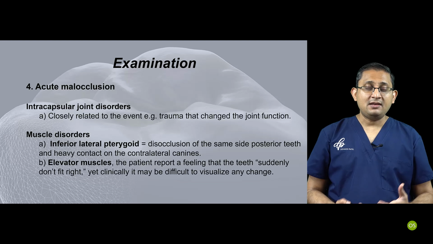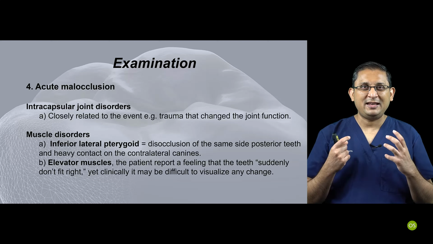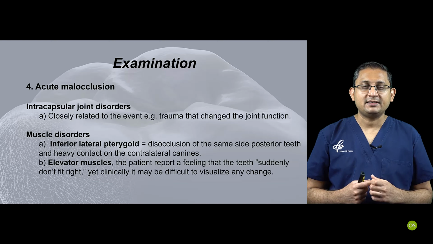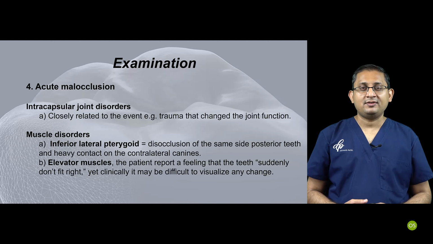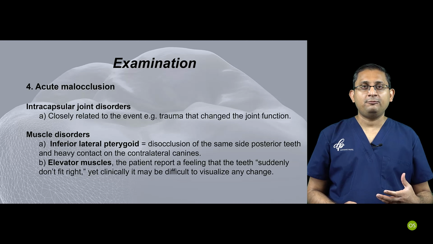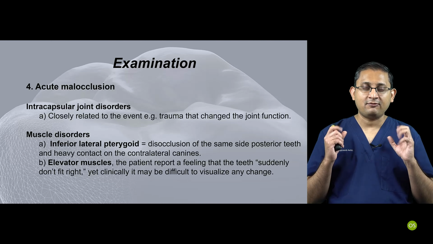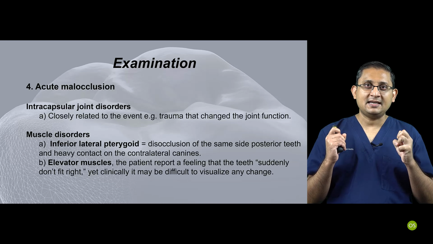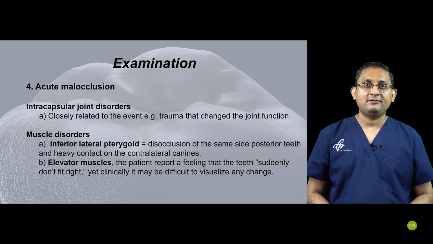If the elevator muscles are affected, then the patient may come to you and say, look, something's not feeling right, my bite doesn't feel right. And you check the occlusion, you can't really find any difference. That could be one of the reasons why you don't find anything, because the elevator muscles are firing up and closing tighter, and you can't really find a reason, but the patient feels a difference because of the slide.